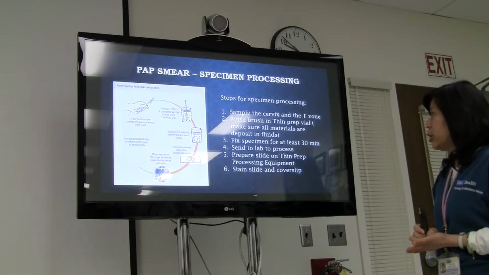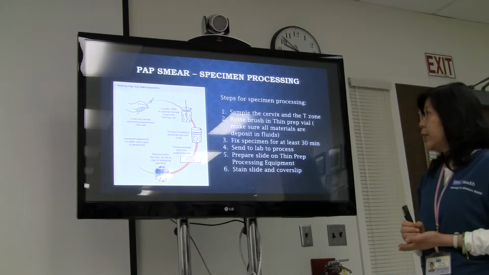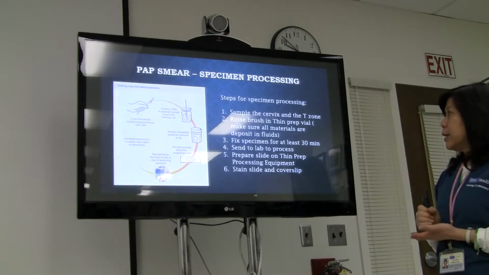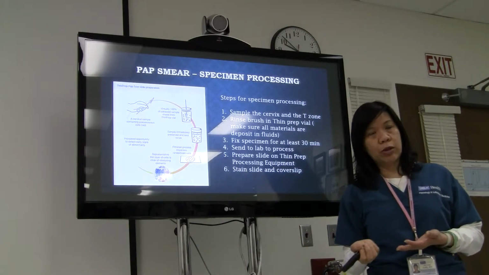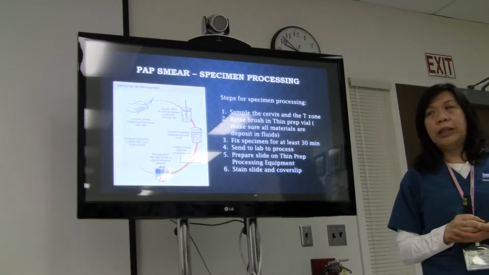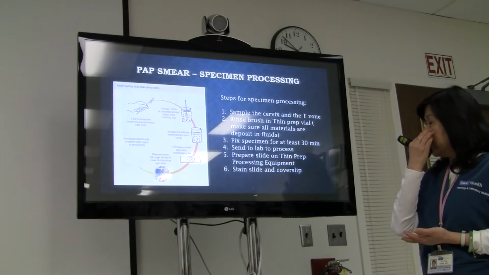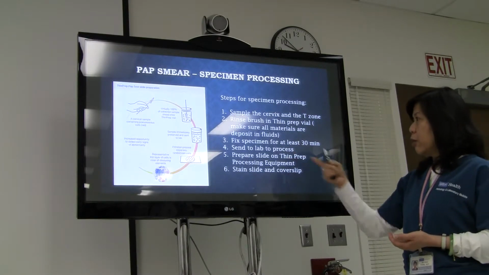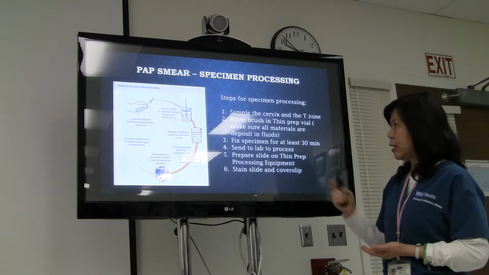Make sure all or almost all of the material is deposited in the fluid. Fix the specimen for at least 30 minutes. If they need to rush the specimen for a certain reason, then fix it for 30 minutes. Send it to the lab to process and prepare the slide on the ThinPrep processing equipment. After that, you can stain the slide and cover it.